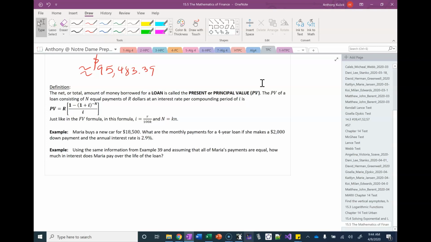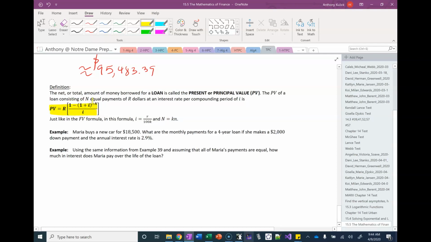So we say the net or total amount of money borrowed for a loan is called the present value or principal value. The PV of a loan consisting of N equal payments of R dollars at an interest rate per compounding period of I is given by this formula here.